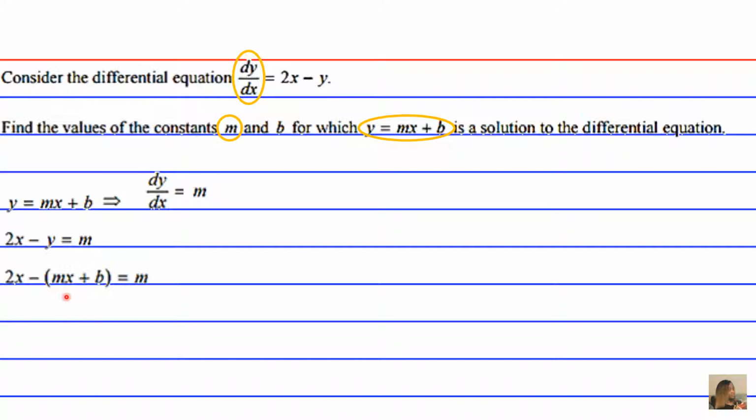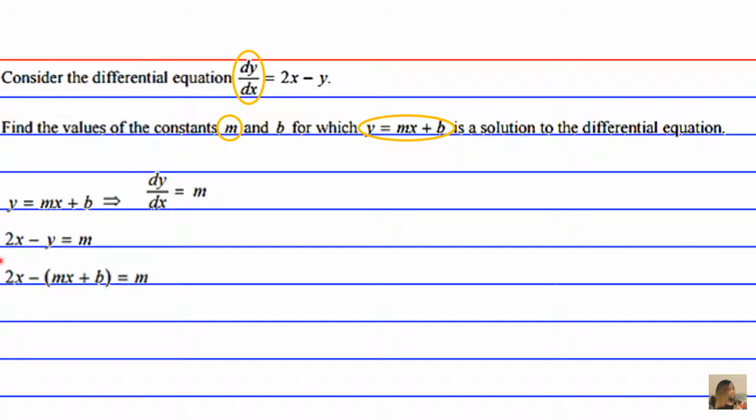Now let's just go ahead and do some algebraic manipulation. If we subtract m on both sides, on the right-hand side and the left-hand side, we're going to end up with 2x minus mx plus b minus m, okay? And at this point, what we can do is basically combine like terms.